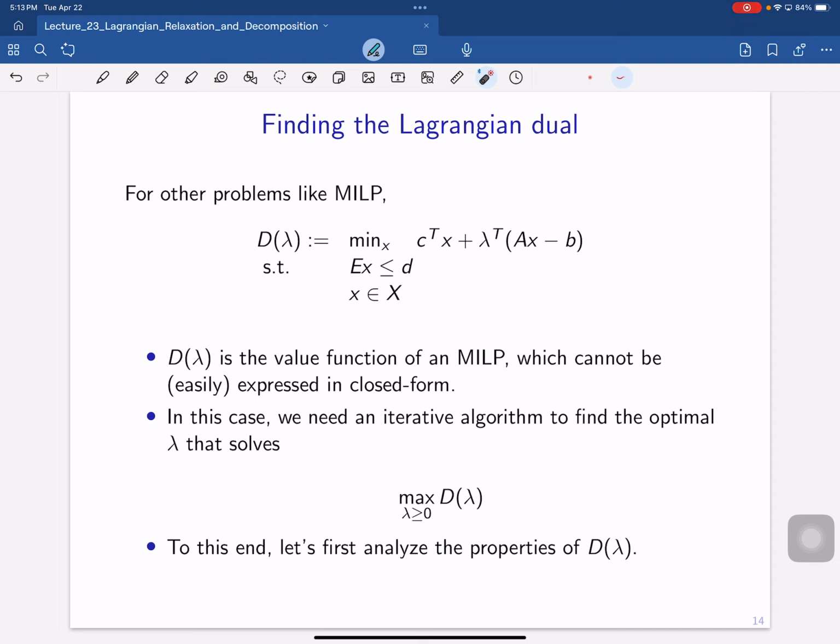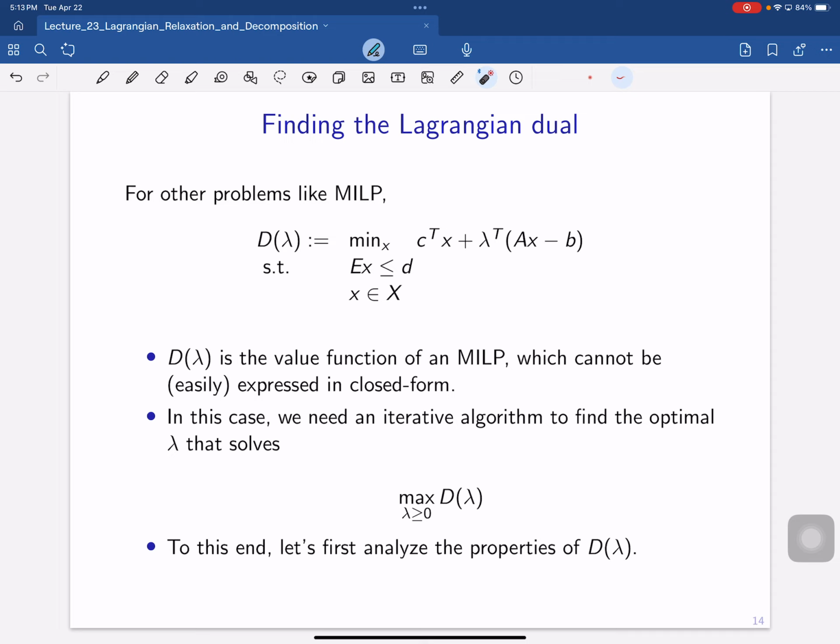Before we present the two algorithms to solve for d(lambda), let's try to analyze the properties of d(lambda). That's what we have been doing over this course. Whenever you solve an optimization problem, whenever you want to come up with a new algorithm, you want to know the properties of the problem you are dealing with before you design tailored methods.